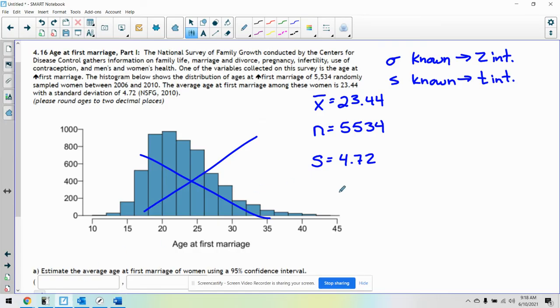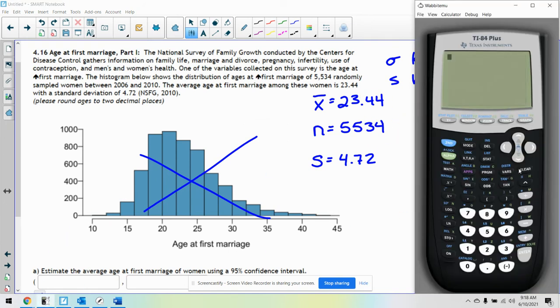So if I go back to the problem, it says we have X bar, N, S, we're good to go. I'm going to go to my stat menu, over to tests, since I don't know sigma because this is based off of the sample. The average age of the first marriage among these women is this and this. So it's an S, not a sigma. So we're going to use a T interval.